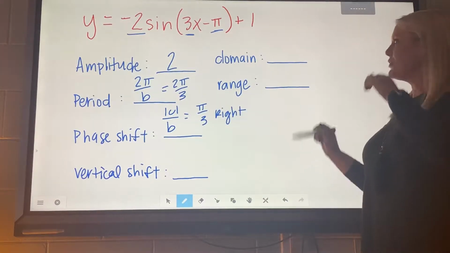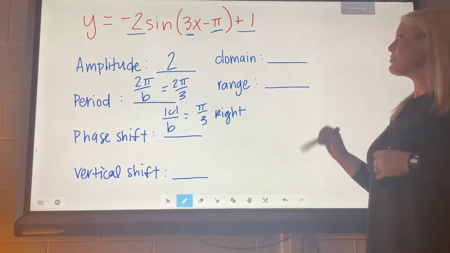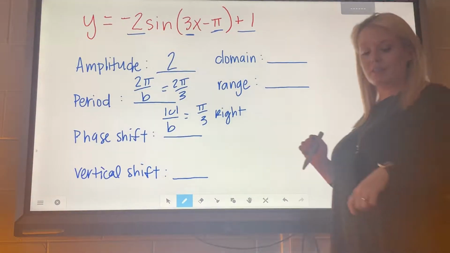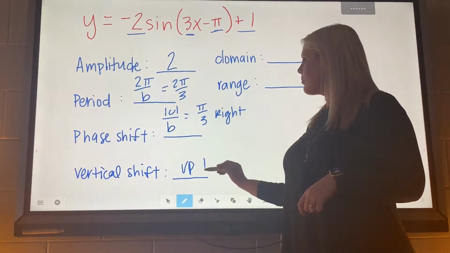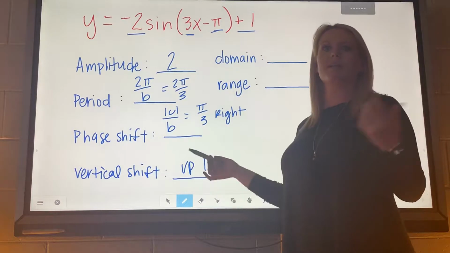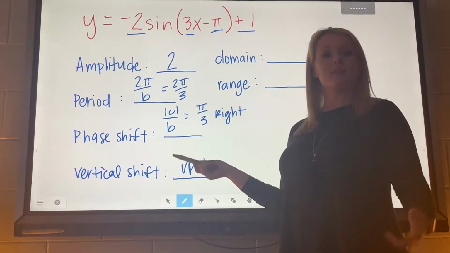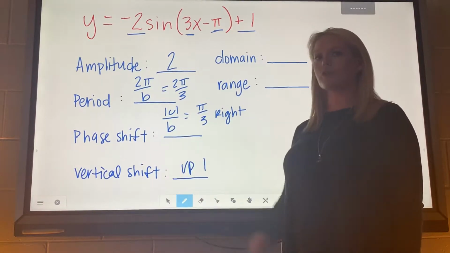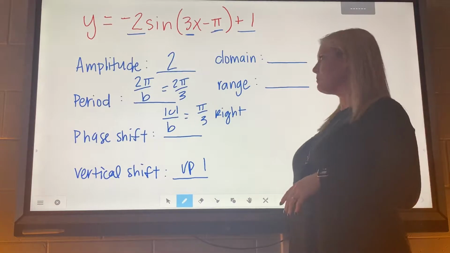Your vertical shift is found using the last number, so whatever is being added or subtracted from your function. And so our vertical shift is going to be up 1. Sometimes you'll see this written as the midline, which is what we called it last class period, but that's the same thing. So if you see vertical shift, all I want you to do is tell me if it's going up or down.